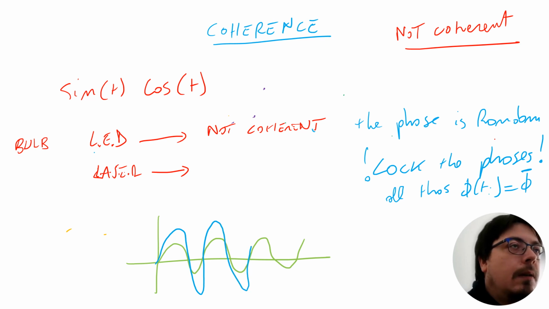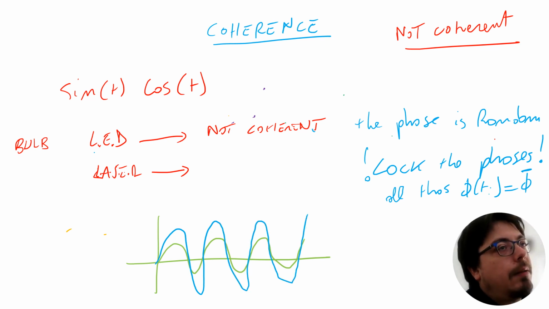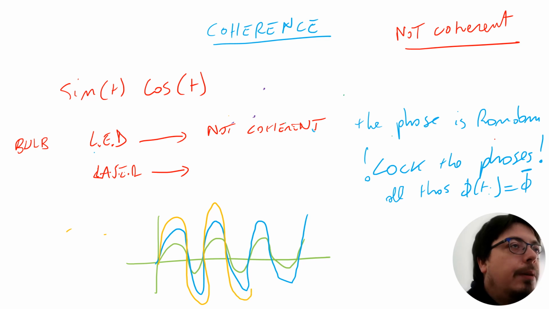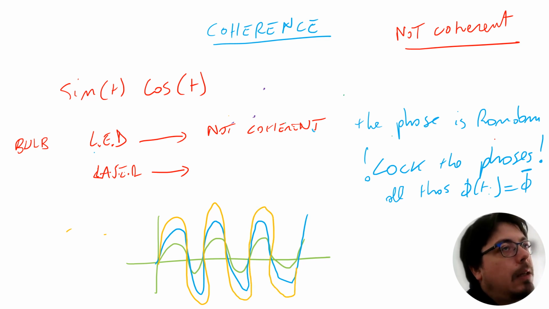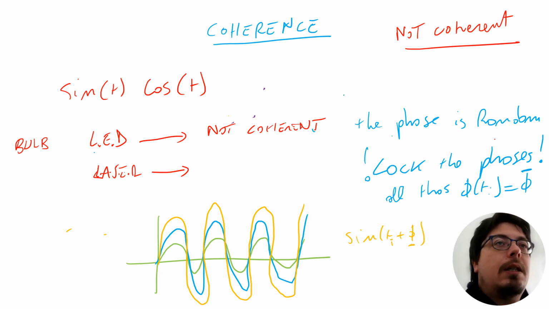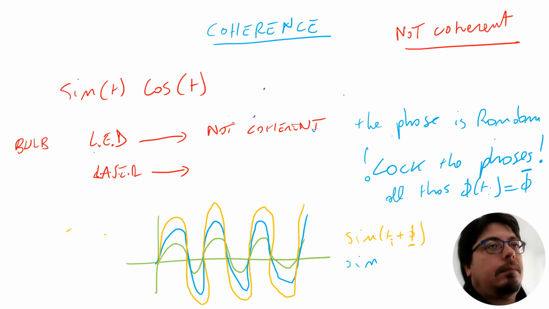Okay, maybe a little difference, but if you want, you can draw them like this, and they will be all perfectly in phase, because sine of t plus phi doesn't change in time, t changes in time, but the other one doesn't. Sine of t plus phi bar, phi is the same, and the same as sine of t plus phi bar.